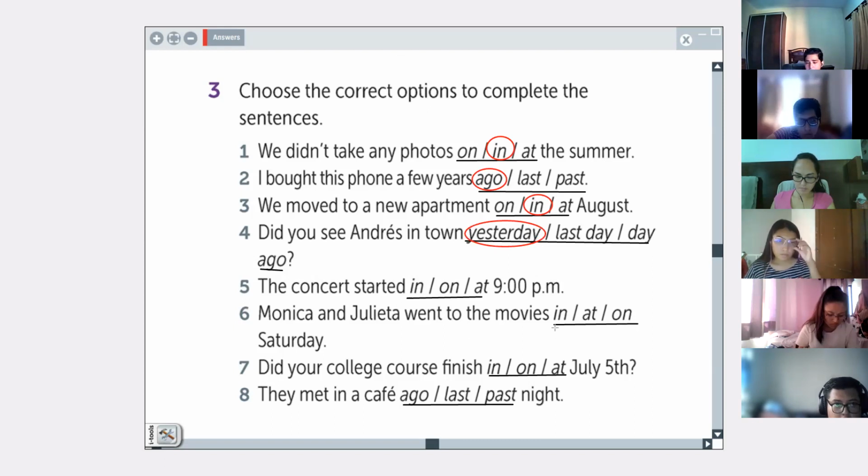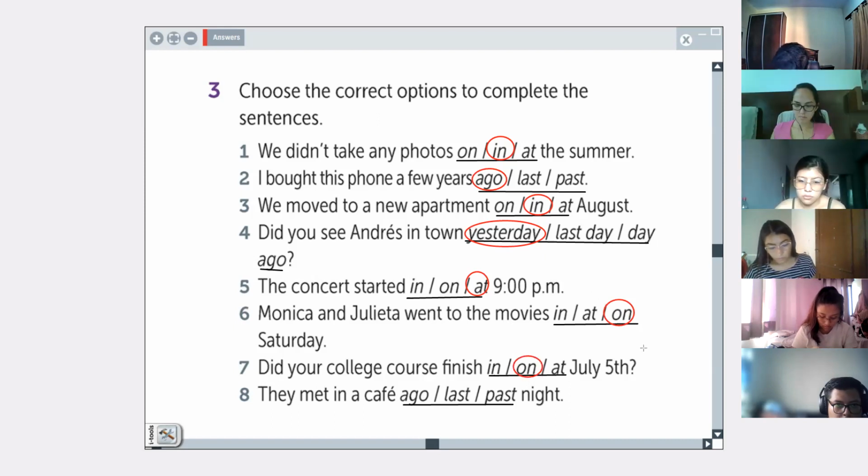The concert started at 9 p.m. Monica and Julieta went to the movies on Saturday. Did your college course finish on July 5th? They met in a cafe last night. Very good. Excellent, guys. Any questions here?